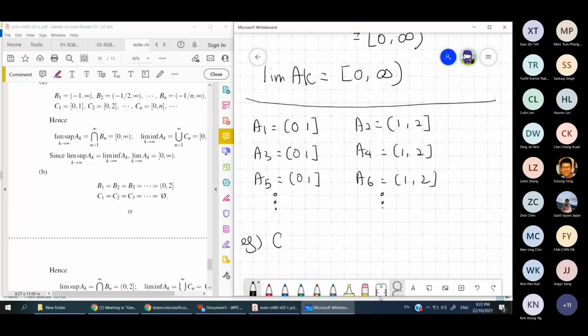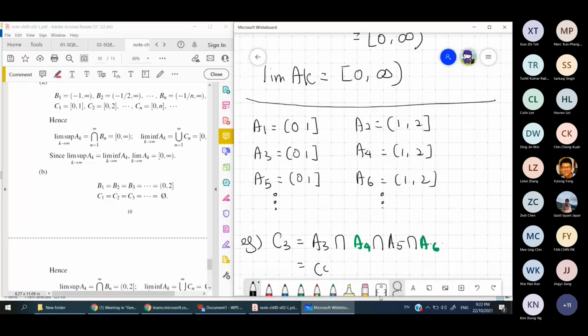So let's say C3 will be A3 intersect A4 intersect A5 and so on. Because all the even terms are the same and all the odd terms are the same, you actually just need to do the intersection for two of them.